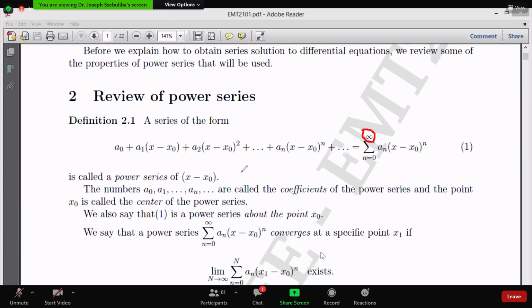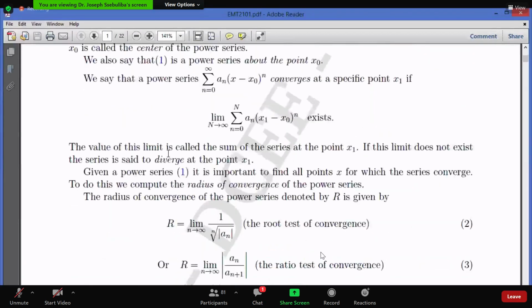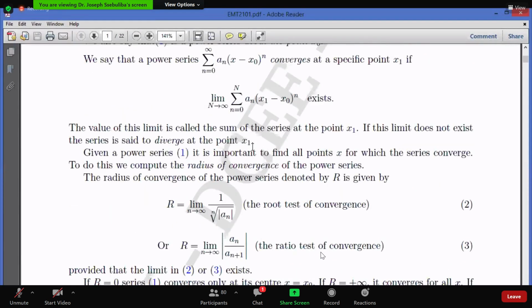Remember when I was telling you about the behavior of this, I told you we can use limit theory. When you use limit theory, it is guided by the properties or behavior of the problem or system you are dealing with, so this is just generic. Then we say the value of this limit is called the sum of the series at that point.